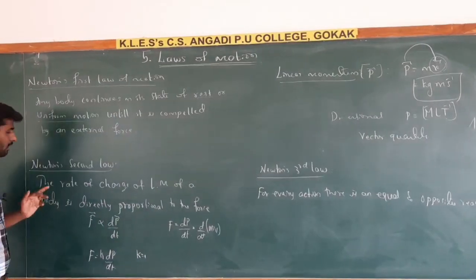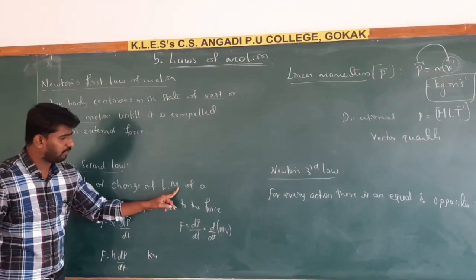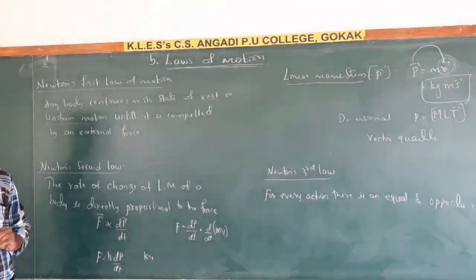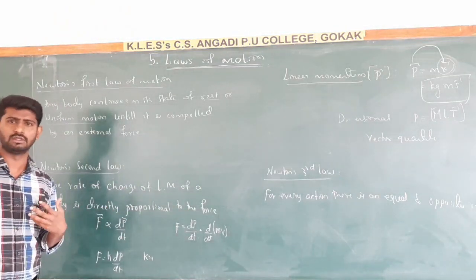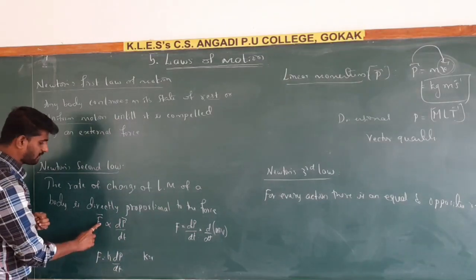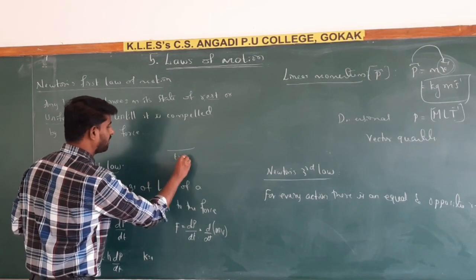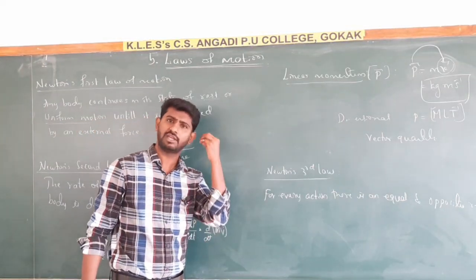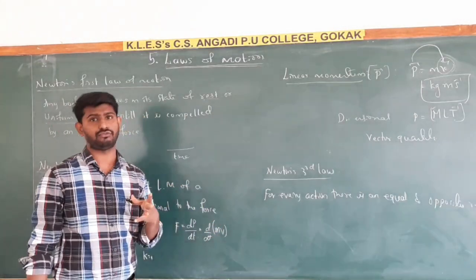See here, what is Newton's second law? The rate of change of linear momentum of a body is directly proportional to the force. So I can write that the force is directly proportional to the rate of change. Whenever a quantity is divided by time, if you are measuring any quantity per second, then we say it as the rate of.